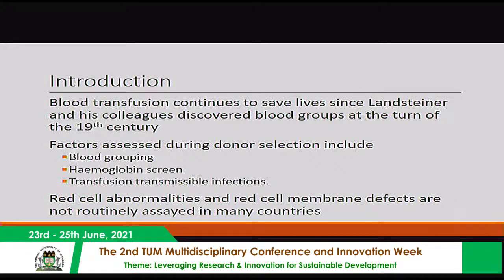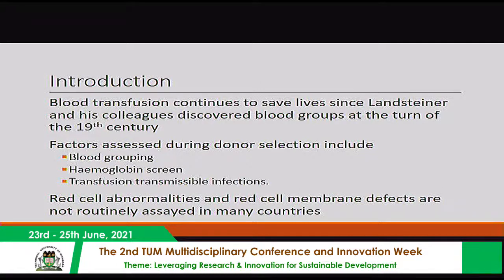Currently, for us to be able to give you blood, we do certain tests. I need to be as unabstract as possible. These tests are for abnormalities that you have in your blood or that you have acquired.